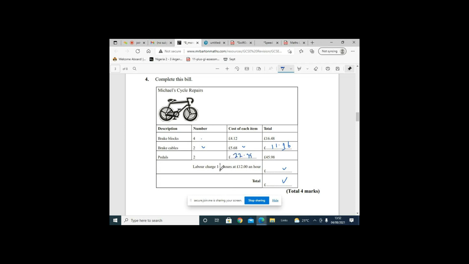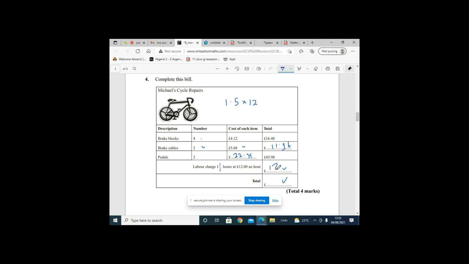So the labor charge is 1.5 hours at £12 an hour. What's going to be the cost for labor? It's going to be £18, because 1.5 hours means you just multiply 1.5 by 12.